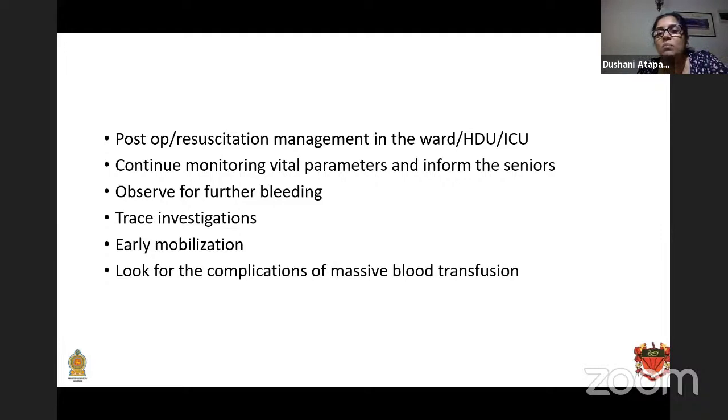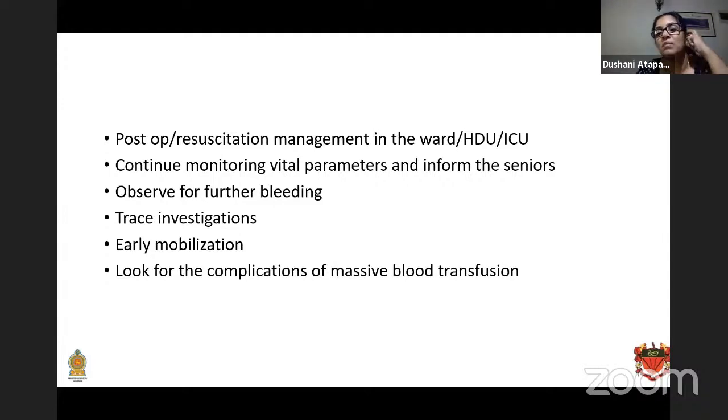And also early mobilization is very important to avoid DVT and other complications, pulmonary embolism and fatal embolism especially. So early mobilization is important, and then look for the complications of massive blood transfusion. Once a massive blood transfusion has taken place, the patients are hypothermic, they have electrolyte and metabolic imbalances, metabolic acidosis, and hyperkalemia.